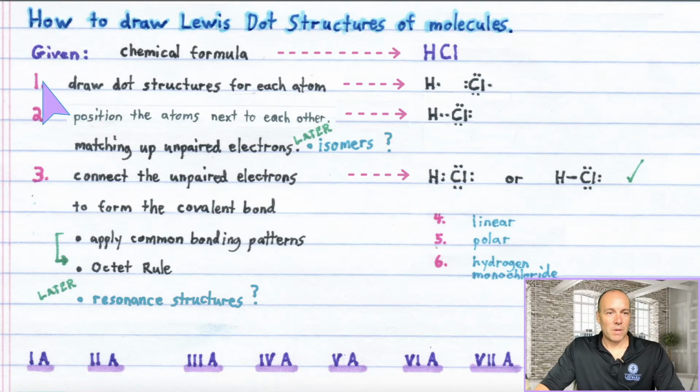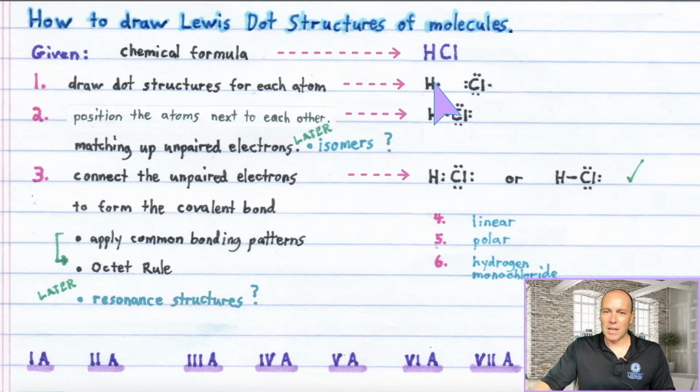Now, after you've done that, the next step is to position the atoms next to each other, matching up any unpaired electrons. So you see this unpaired electron on the hydrogen and that one on the chlorine. Electrons like to pair up, and so this electron is looking for another one to pair up with. And so what we're going to do is move these two atoms next to each other.